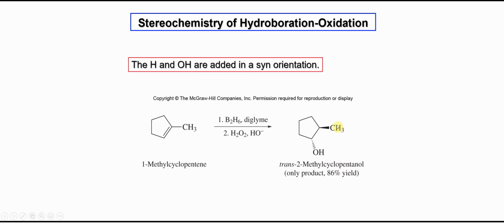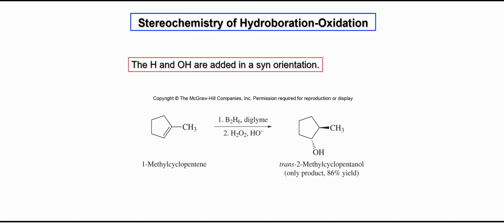For this reaction you also need to know, you need a boron hydride such as B2H6 in dichloromethane as your solvent, and then you also need an oxidizing agent such as hydrogen peroxide in basic solution.